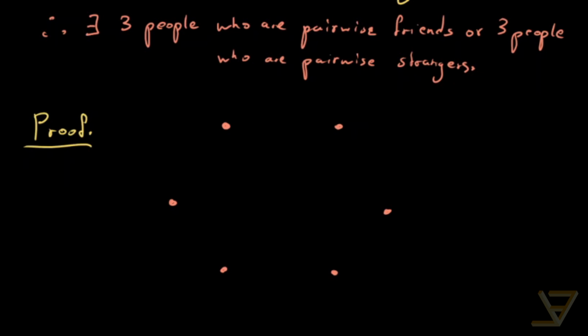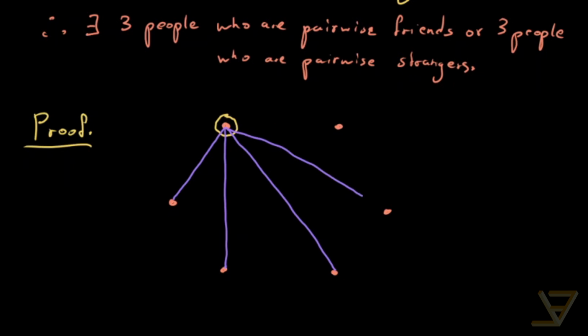Now, the idea behind the proof is to pick any particular person or vertex and consider the 5 relationships that this person has with these 5 people. And if you know the pigeonhole principle, you don't have to use it, but if you don't use the pigeonhole principle, you have to use some casework.